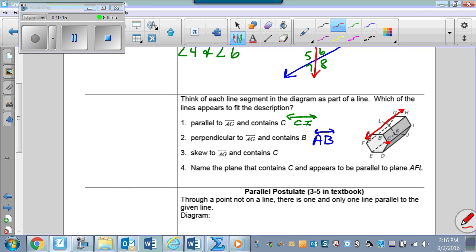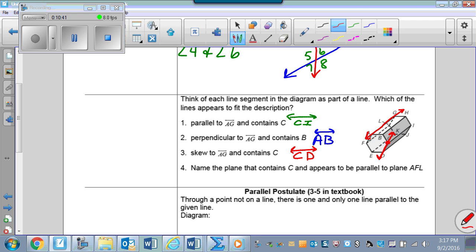So what line would that be? It looks like it could be CB or it could be CD. I'm going to sketch in CD here because those two points C and D are not coplanar with A and G. So that's what I'm going to pick there for my line that is skew to AG and contains C.